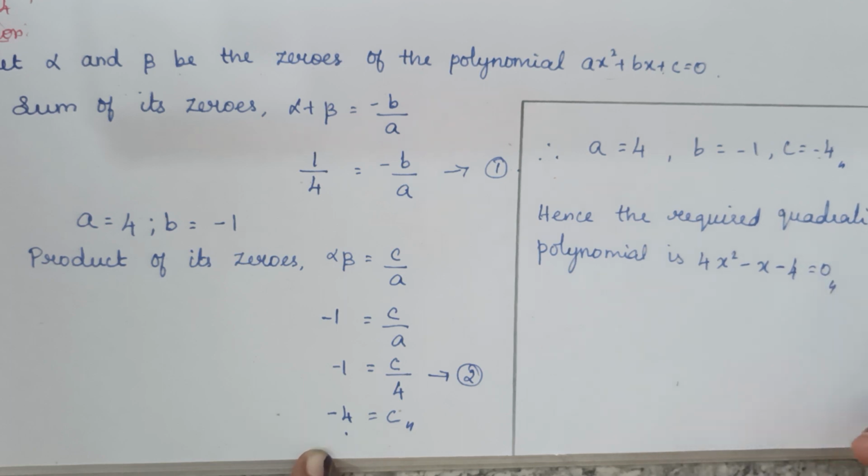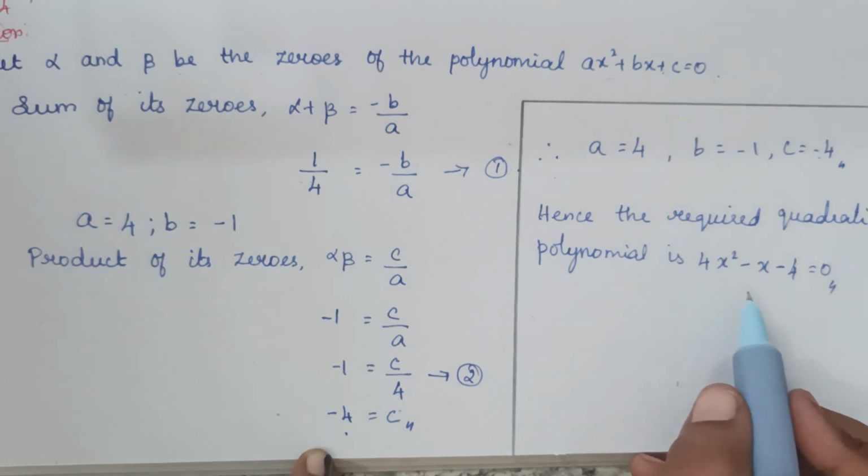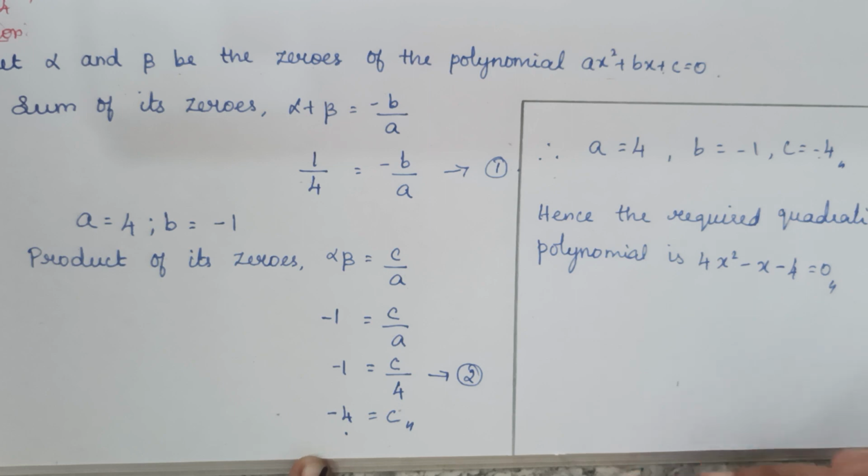So the required polynomial is 4x square minus x minus 4 is equal to 0.